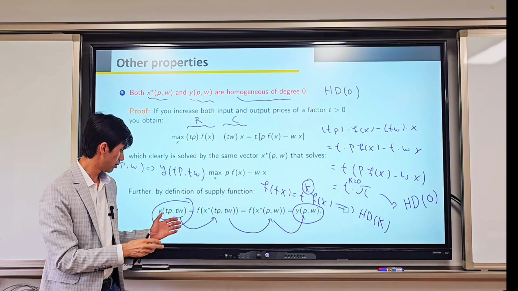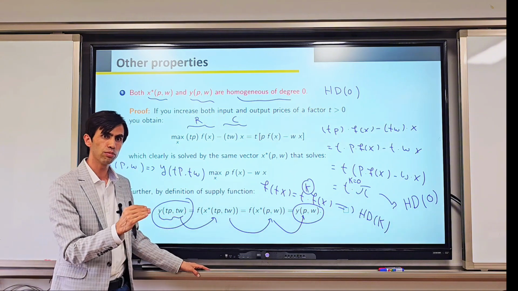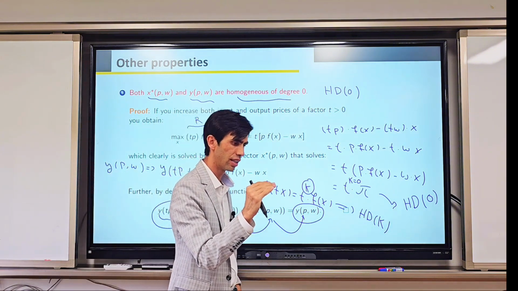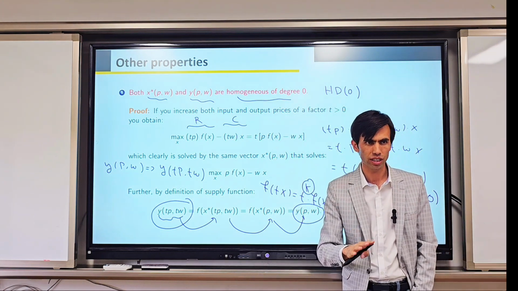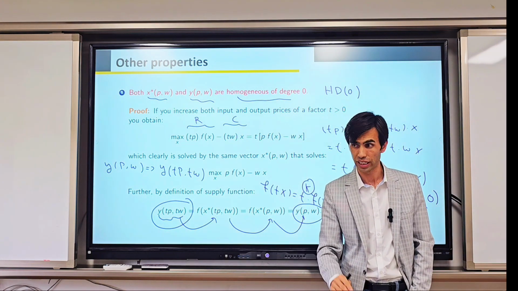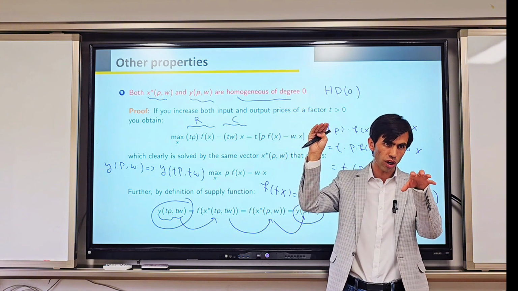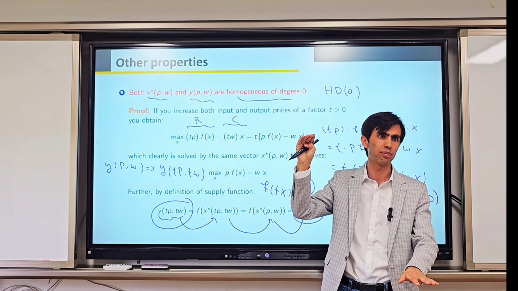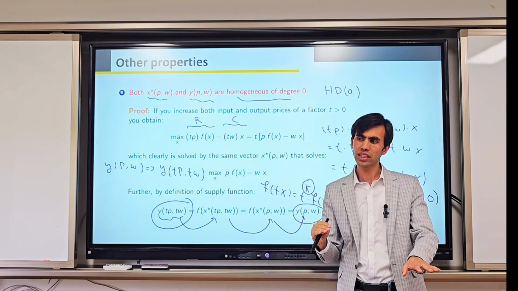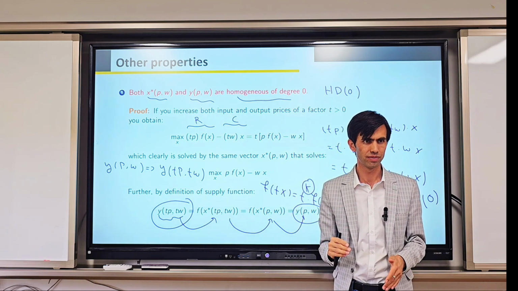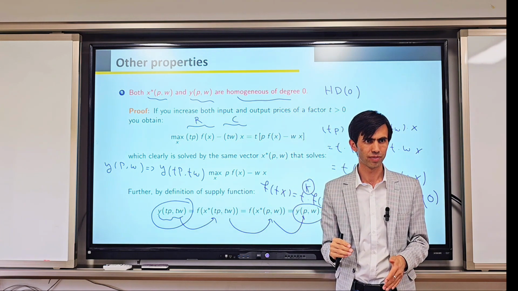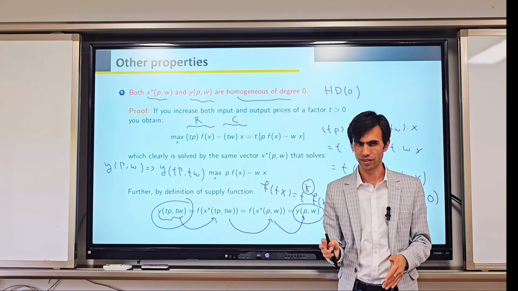We already learned that when the input price increases, the supply decreases, because it's more costly, so we reduce the supply. But when the output price increases, the supply increases. The other way around.